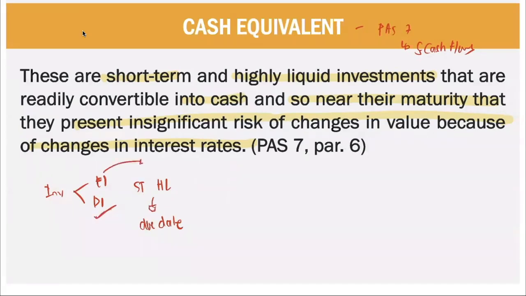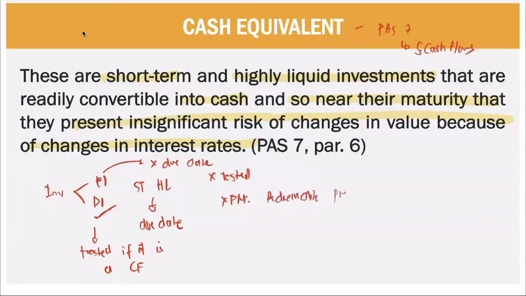An equity instrument does not bear a due date. Therefore, debt instruments are tested if it is a cash equivalent, while equity investment is not tested. Okay? But there is an exception to your equity investment. That is your redeemable preference share.